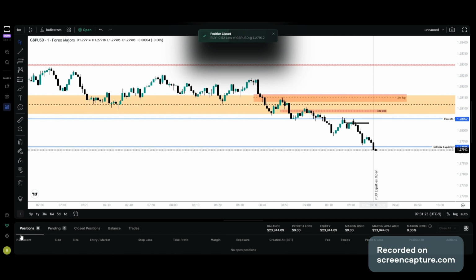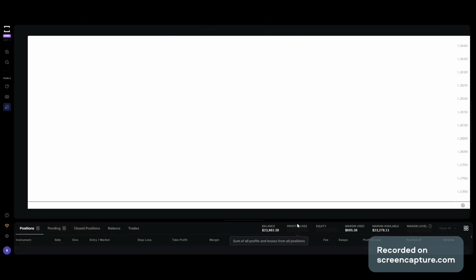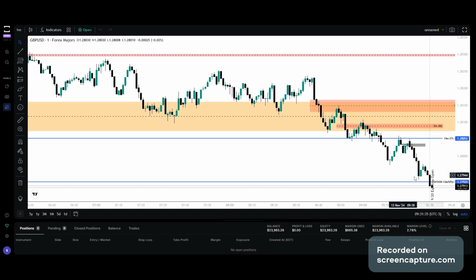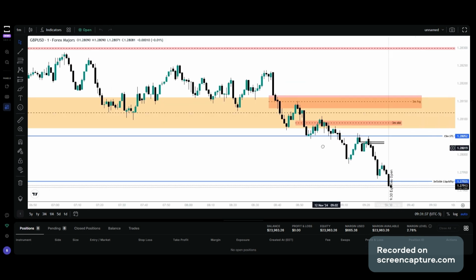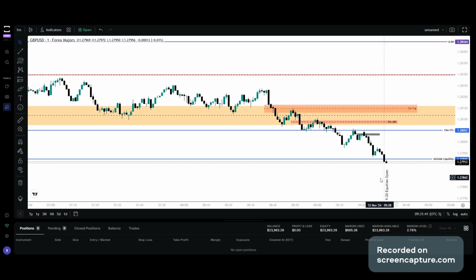And that's take profit. That TP hit on both accounts, right there at the equities open.